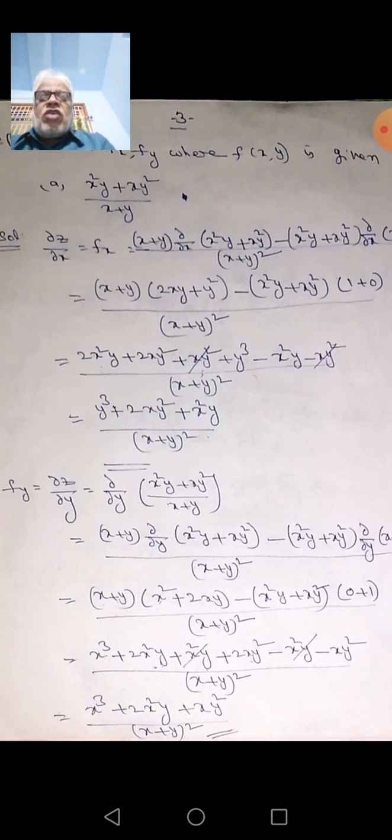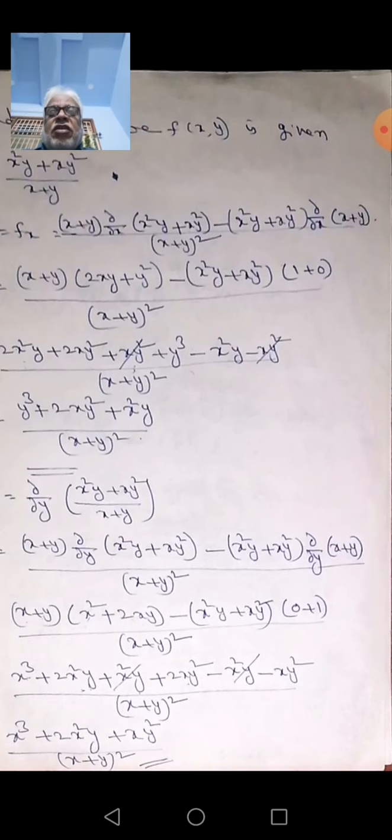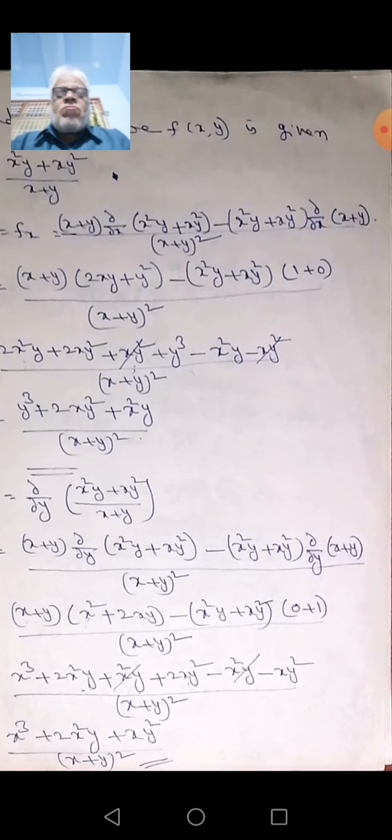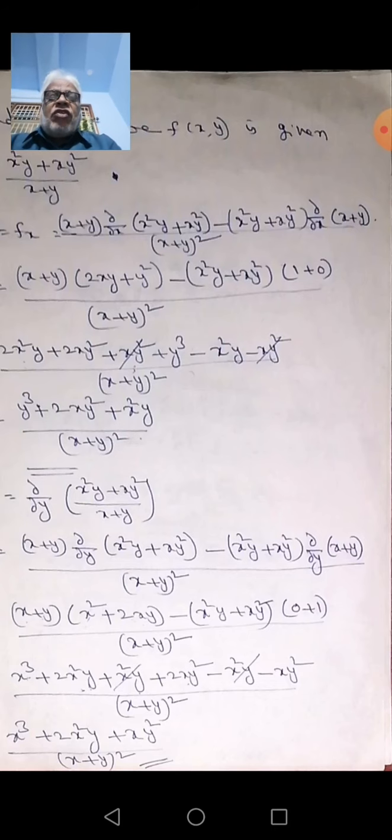In x square y, x is the variable, so the derivative is 2x, y is constant, so 2xy. Plus xy square: y square is constant, and the derivative of x is 1. So x plus y into 2xy plus y square; observe the partial derivatives here. Minus x square y plus xy square, x derivative is 1, y derivative is 0.